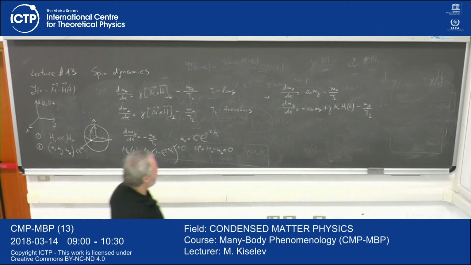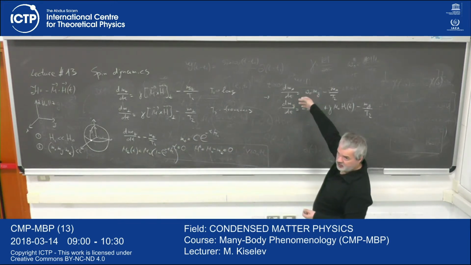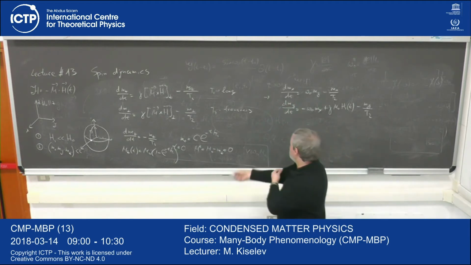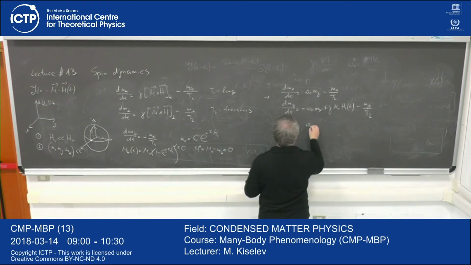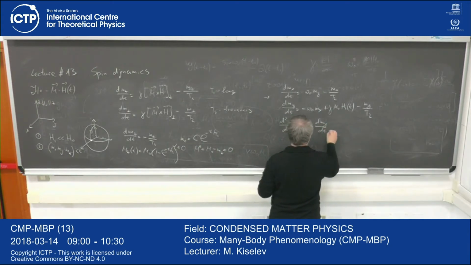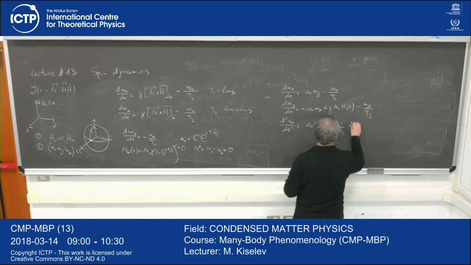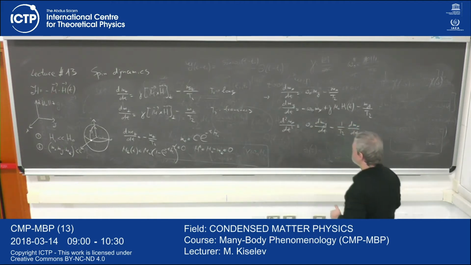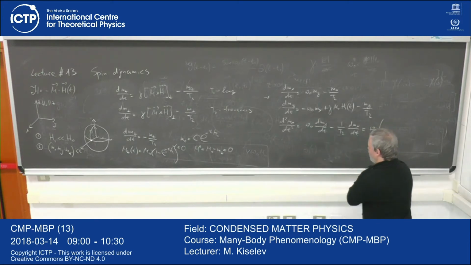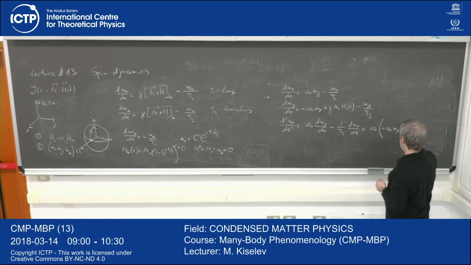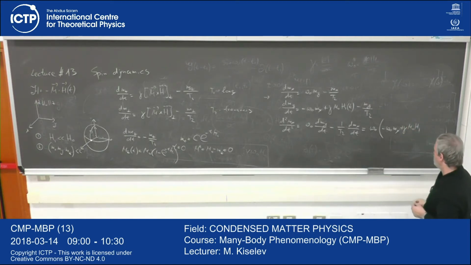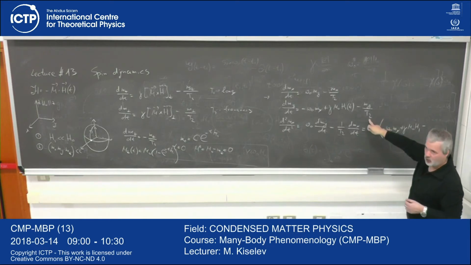So how to do that? Again, I will take this equation and differentiate it with respect to time again. So d2mx over dt squared is equal to omega naught dmy over dt minus 1 over T2 dmx over dt. Okay, so this is omega naught from the second equation. I will write minus omega naught mx plus gamma m naught h1 minus my over T2.